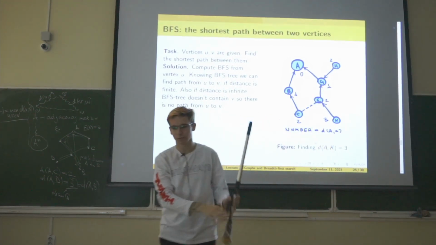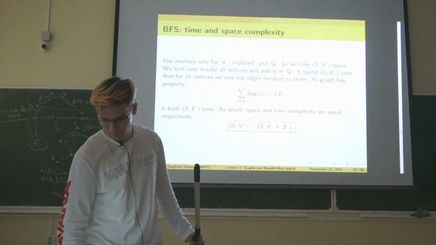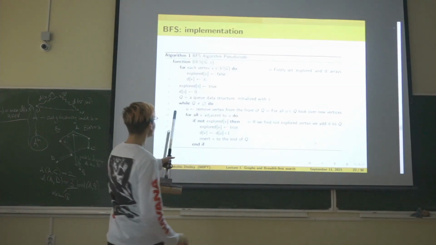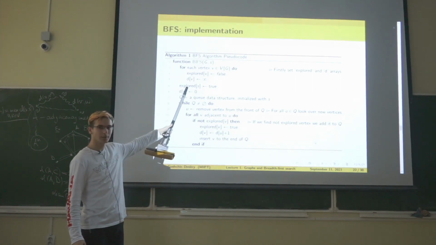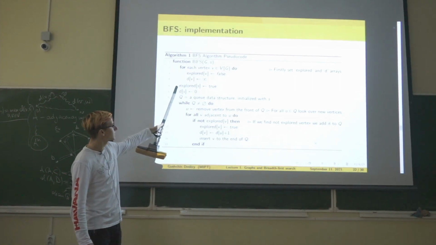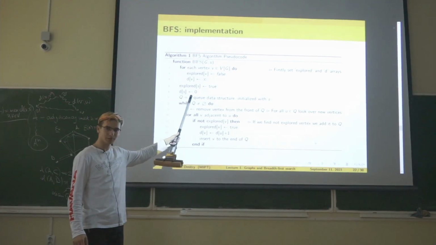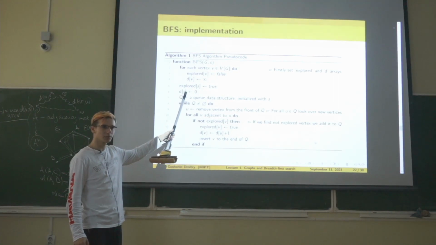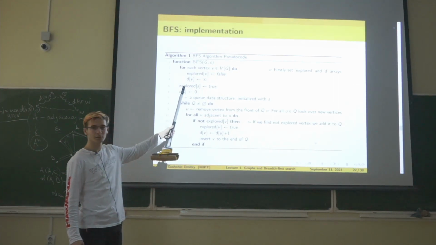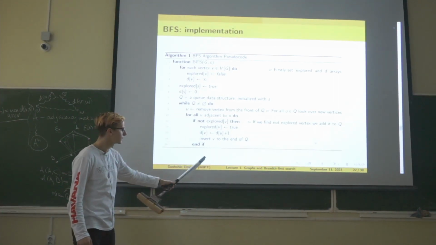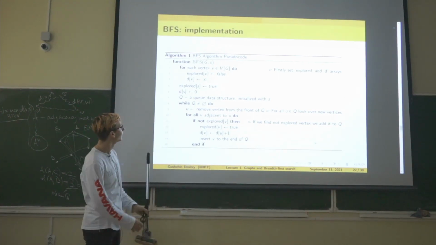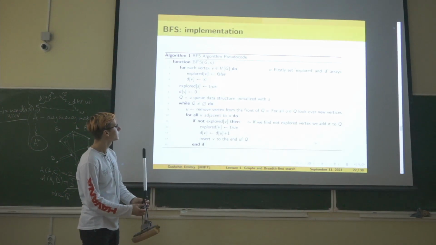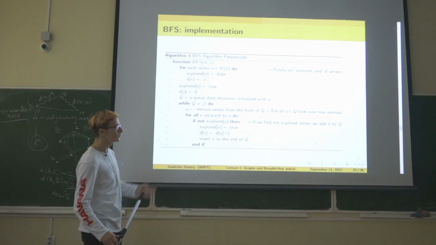So we need to add in this implementation another array that contains parents of vertices, okay? At the start it has zero references, and at the end of the algorithm this new array will contain references to parents.